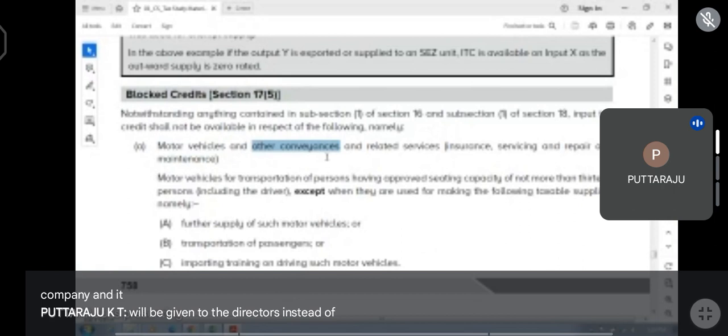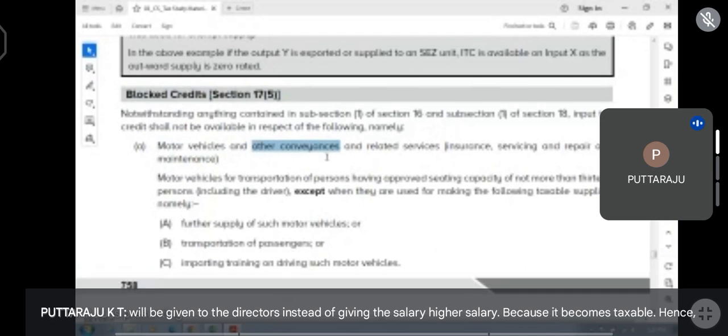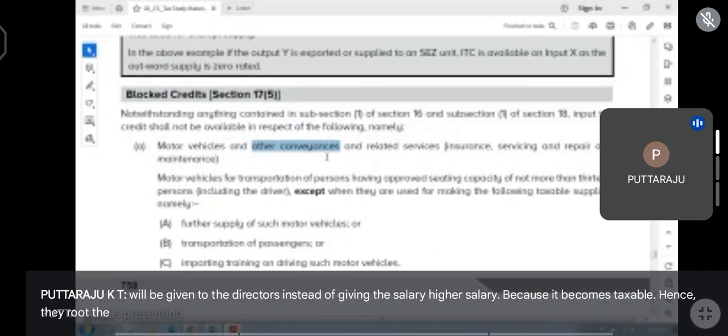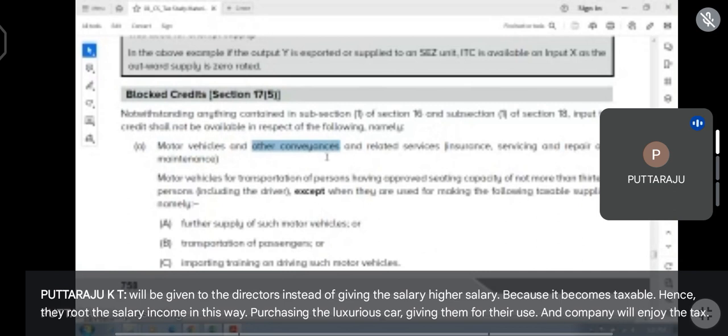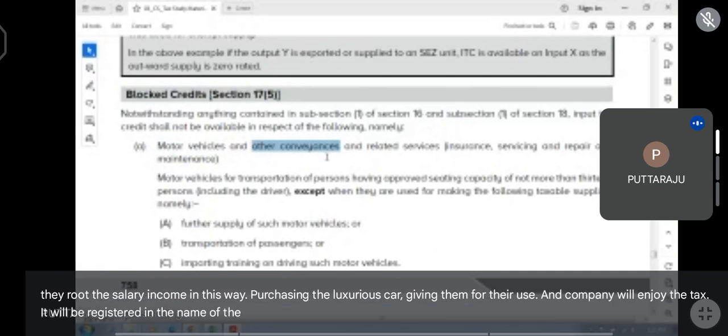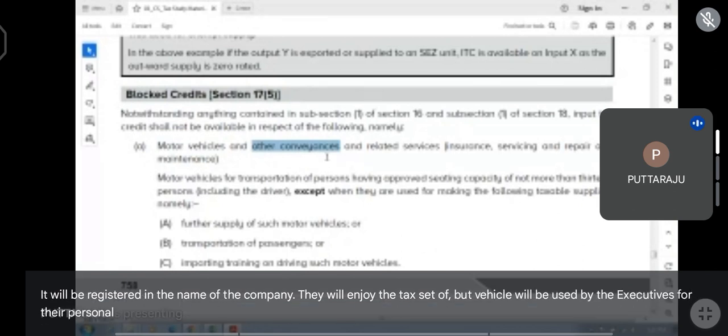Instead of giving the higher salary, because it becomes taxable, hence, they route the salary income in this way, purchasing the luxurious car, giving them for their use. And company will enjoy the tax. It will be registered in the name of the company. They will enjoy the tax set off, but vehicle will be used by the executives for their personal use.